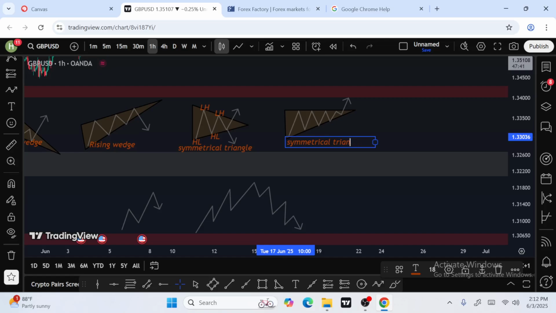Now, do we now know the psychology behind that shape now? Ascending triangle.